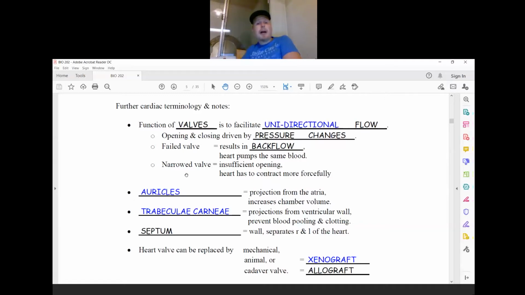Sometimes we end up having issues with the valves. We can have a completely failed valve, in which case that valve doesn't work at all. It's just open all the time. It doesn't close properly. In that case, there's going to be backflow of the blood to the direction where we don't want it to go. As a result of that, the heart ends up pumping that same blood through that valve back and forth.